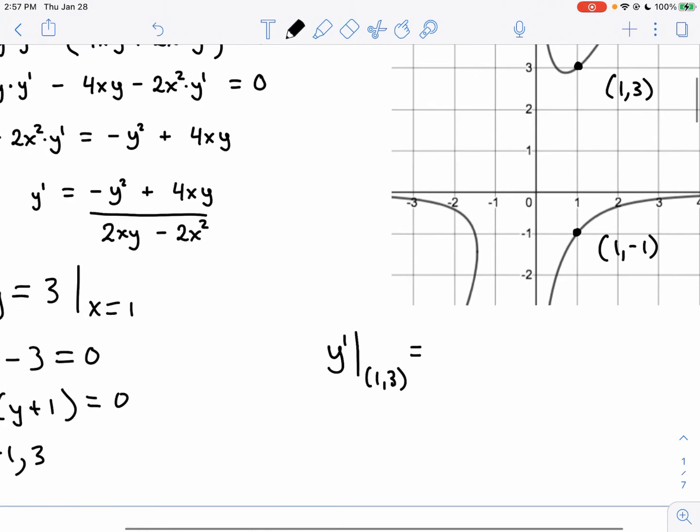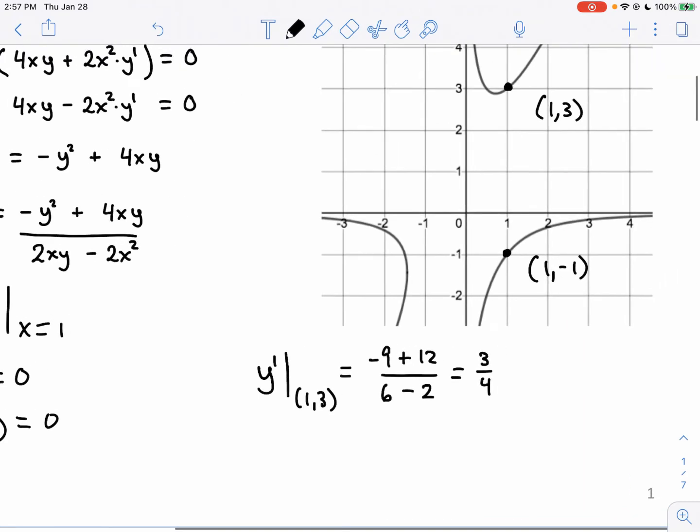Okay, I'll do most of this work in my head as we're plugging in. So we have negative 9 at the top, plus 4xy, where x is 1, y is 3, so that's plus 12, all over 2xy, 2 times x times y, where x is 1, y is 3, will be 6, minus 2x squared, this is going to be minus 2. So we wind up getting 3 in the numerator and 4 in the denominator, so 3/4.